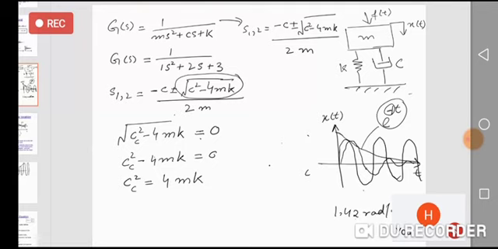That stops the oscillation. समझ आ रही इस बात की? क्यों? Because if C value is equal to 4mk, then inside the radical, everything is equal to 0, and the radical of 0 is equal to 0, and then this whole portion that can result in the imaginary component of the root becoming equal to 0. समझ आ रही इस बात की?